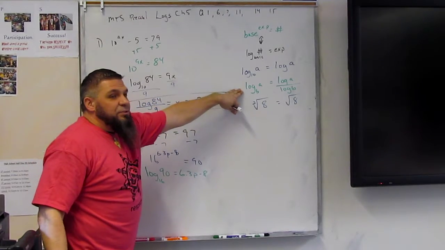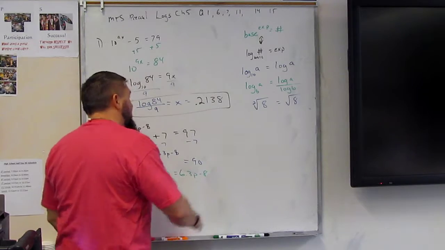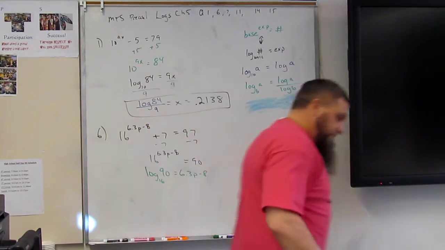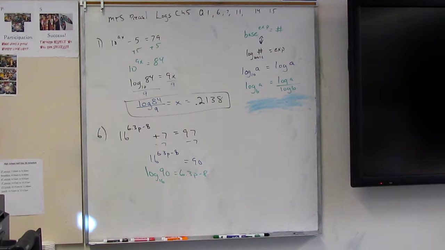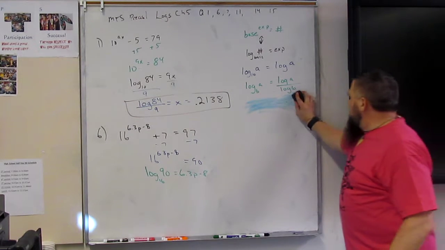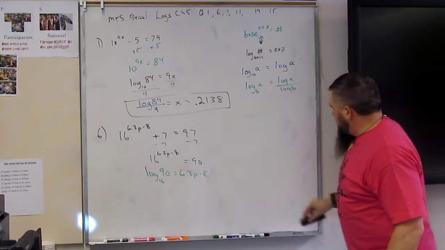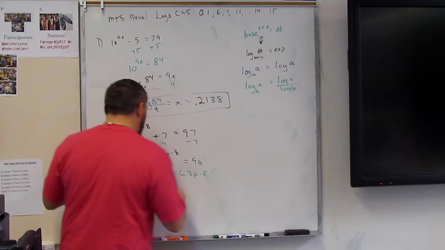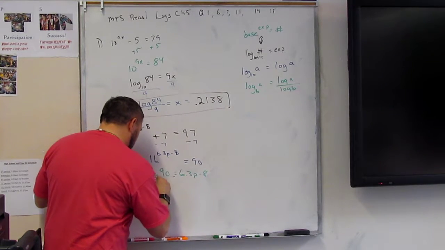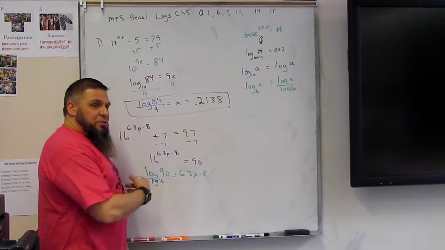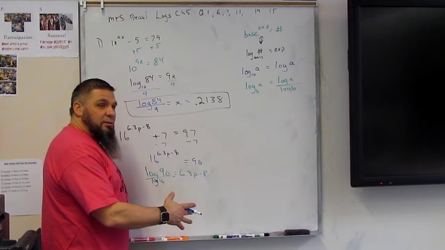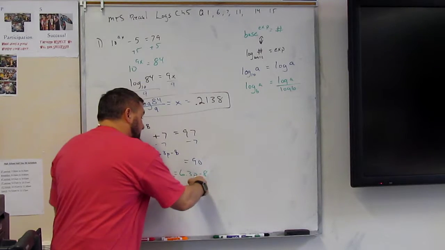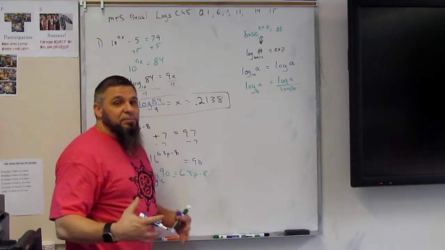You need all these rules. What that lets me do is this. Remember that rule? Or just draw the line, draw the log. It's that simple. Now, I can start solving like a basic algebra problem.